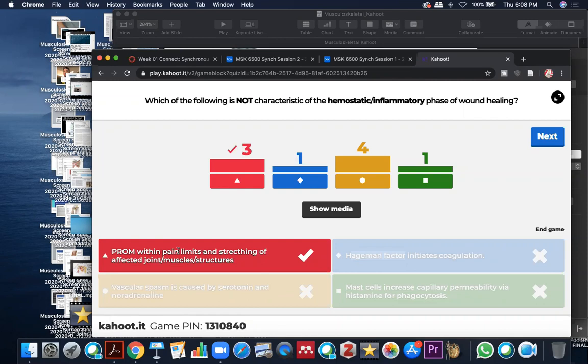They're phagocytizing all sorts of stuff, getting rid of foreign invaders and nasty stuff. Then once the proliferative phase starts, the fibroblasts start depositing connective tissue components. So if you don't have those components yet and you try to stretch it, it's just going to damage it.